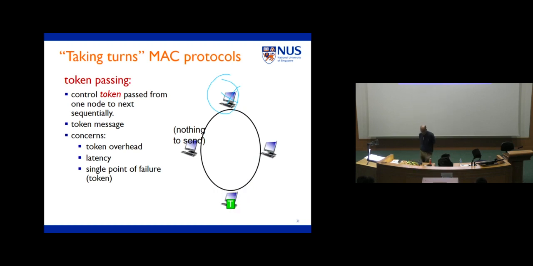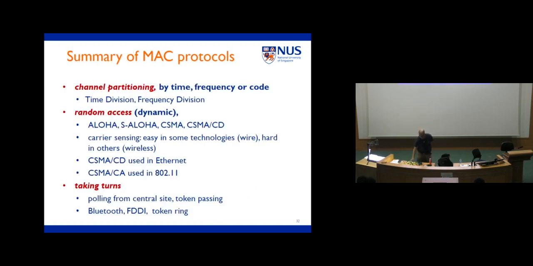All right, so this is sort of to summarize the different protocols. If I were to compare, channel partitioning works very well when all the users are active at high loads. Random access is very good in the sense that it's simple, it can be distributed, there is no need for any kind of coordination, everything is simple.